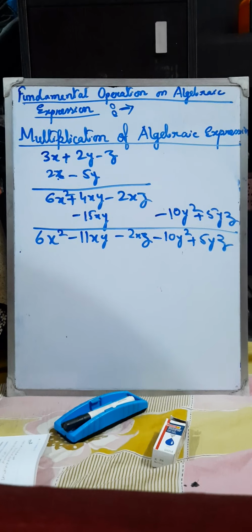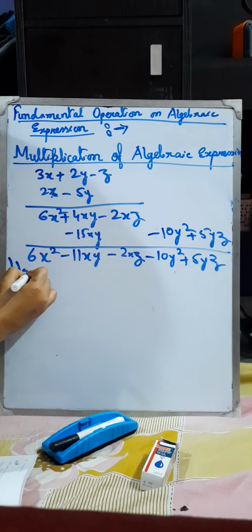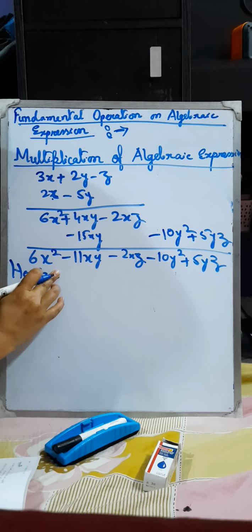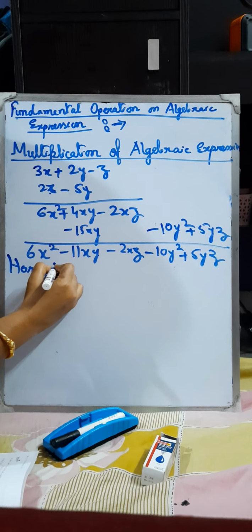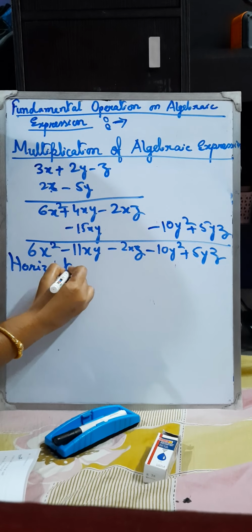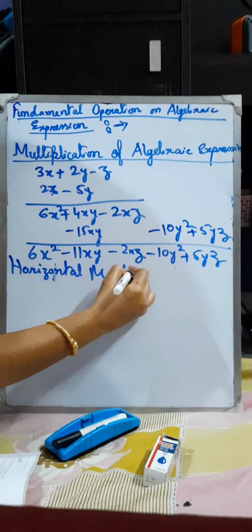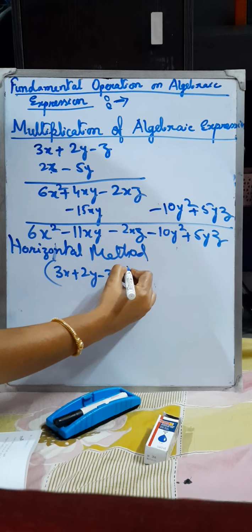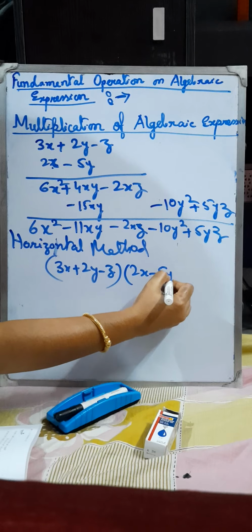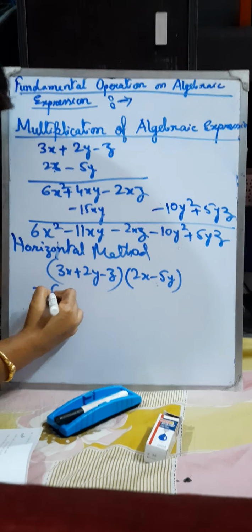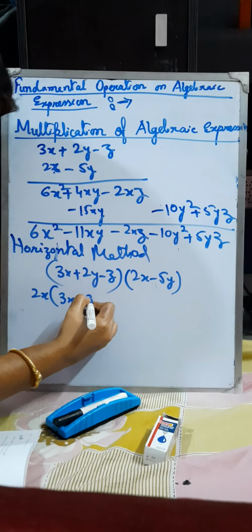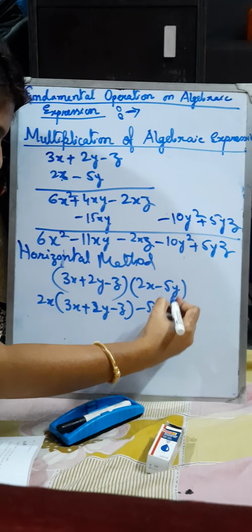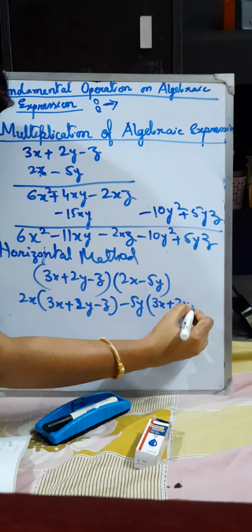Okay, and in the same manner, the horizontal method. 3x plus 2y minus z is multiplied with 2x minus 5y. First each term is multiplied with 2x, then minus 5y is multiplied with each term.